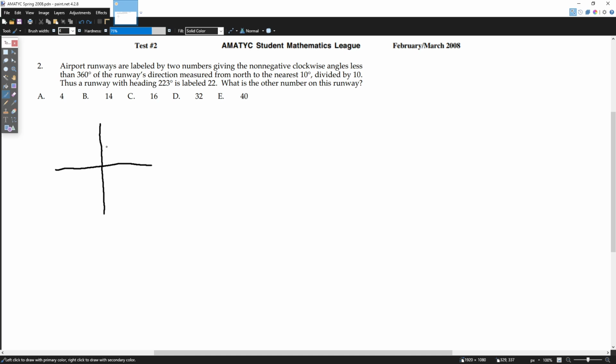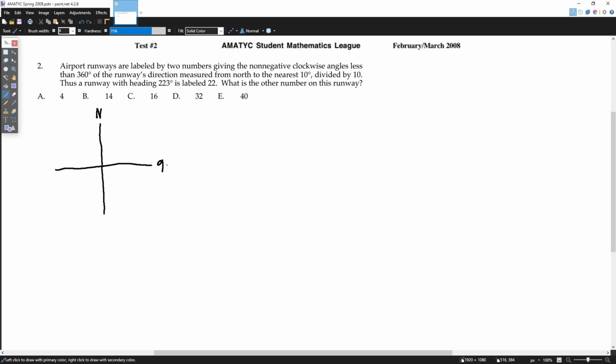But before we start labeling these axes, we should make sure that we're following the rules of the problem. So we're talking about non-negative clockwise angles less than 360 degrees, also measured from north. So here's the north. We're measuring clockwise, so angles will increase from 0 to 360 going this direction.